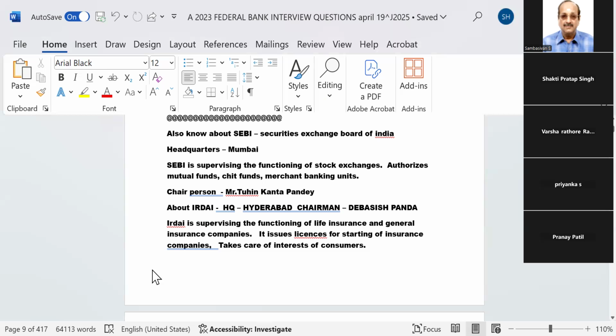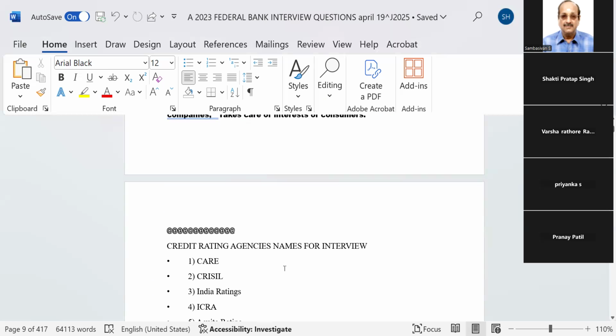About IRDAI, headquarters is in Hyderabad. Chairman is Debashish Panda. IRDAI is supervising the functioning of life insurance and general insurance companies. It issues license for starting insurance companies and takes care of the interests of consumers.